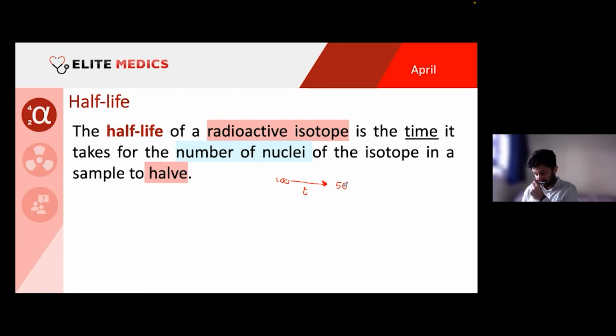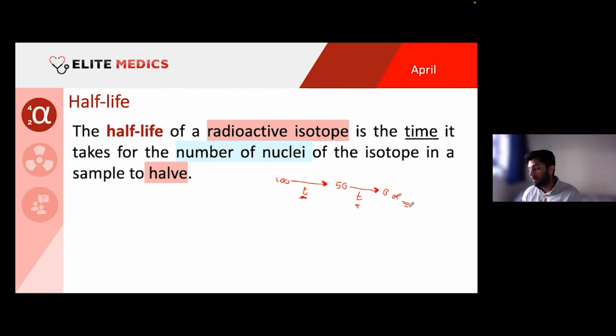Okay, so from 100 to 50. So that time t, again, have a think. Where will I be if I wait for another time t? If I wait for the exact same amount of time as I waited to get to 50 the first time around, where will I get? There's essentially two options, right? Will I get to 0 or will I get to another number? I think by the way I've just phrased the question, it's probably relatively obvious.